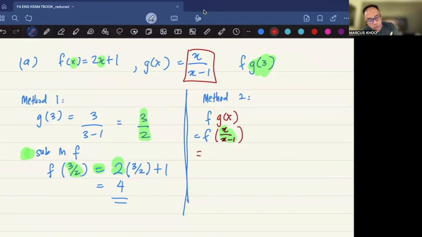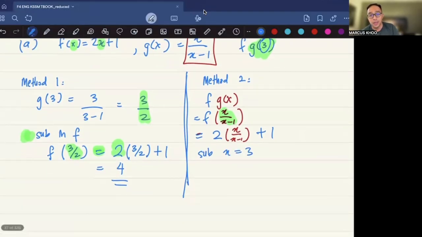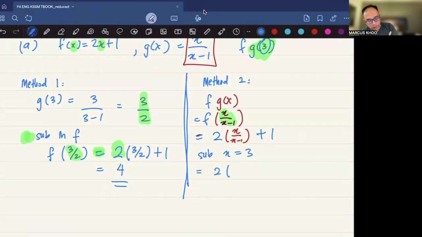This will give you 2 times x over x minus 1, and then plus 1. Once you have come here, you don't actually have to simplify. You can immediately substitute x equals 3, so this gives you 2 times 3 over 3 minus 1, plus 1. This will still give you the same answer, which is 4.